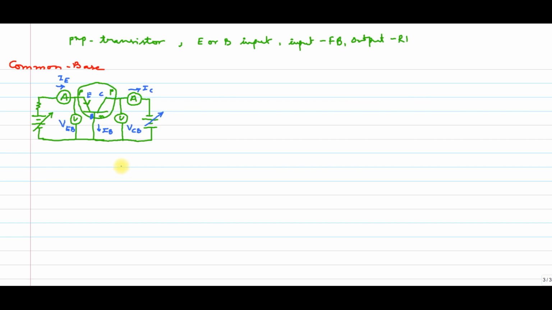Okay, now let's move on to the drawing of common emitter configuration. So now it is common emitter. For common emitter, the emitter is common, so obviously input should be base. As input should be base, the diagram should be like this.